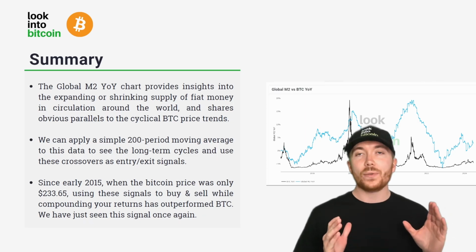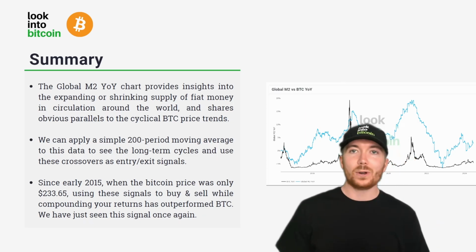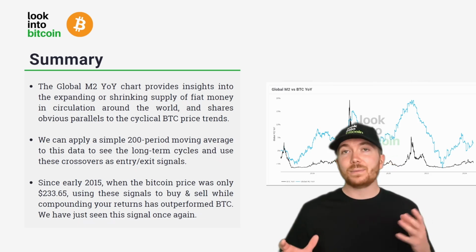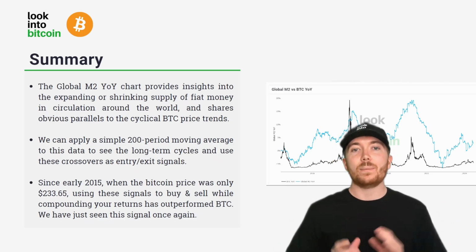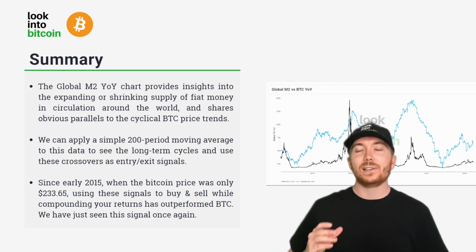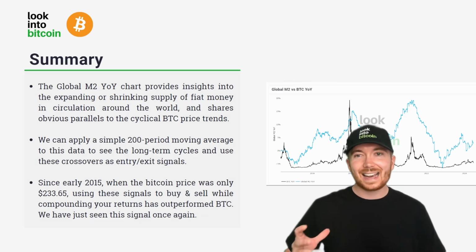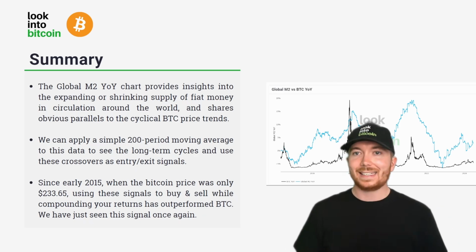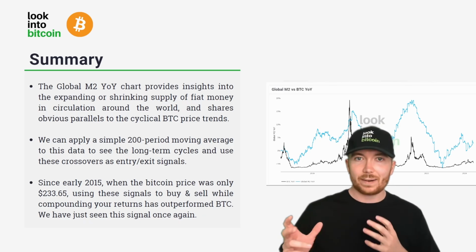This is one of, if not the most important chart we should be watching, not just right now, but over the coming months and years. And simply applying a 200 period moving average to this data to see the long-term cycles and see the exact trend changes in this data gives us amazing entry and exit signals when looking for this data and moving average crossover.